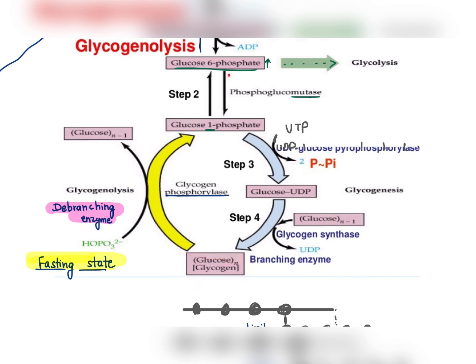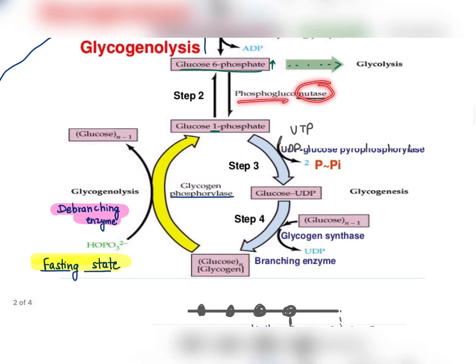First of all, glucose 6-phosphate is converted to glucose 1-phosphate. 6-phosphate and 1-phosphate differ in the position of the phosphate. So phosphoglucomutase only changes the configuration. They are just the same molecules. So phosphoglucomutase is the enzyme.